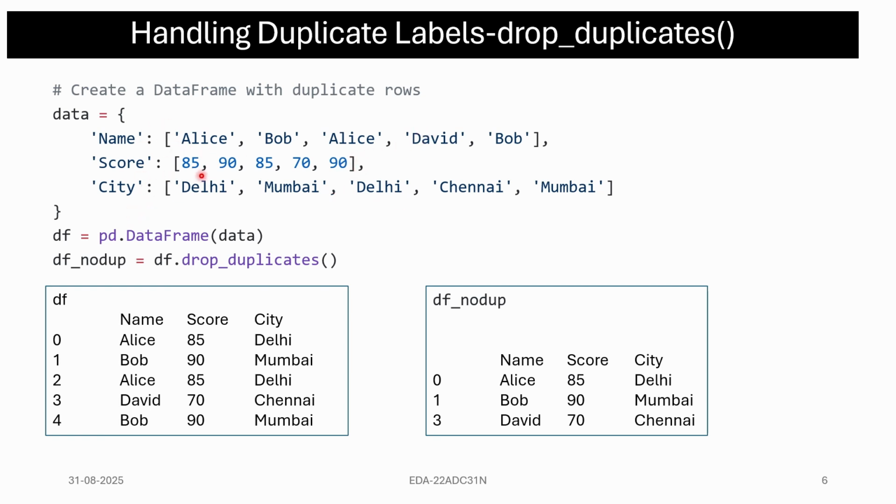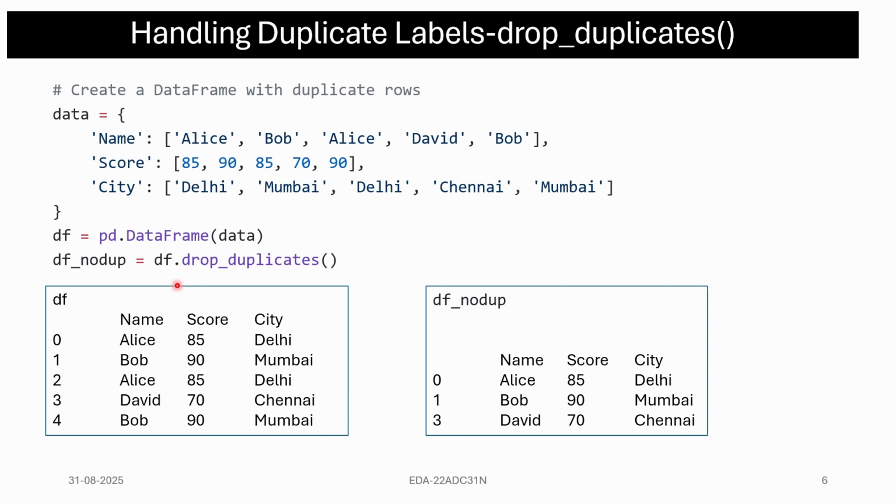Now we are passing this dictionary as a parameter for creating the data frame using pd.DataFrame. If you try to print the data frame, this is the data frame.